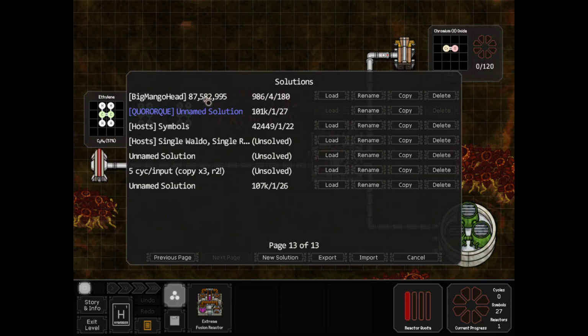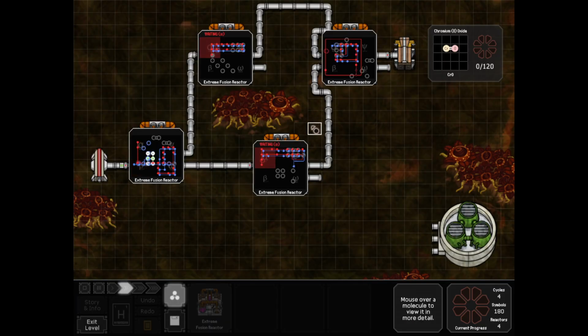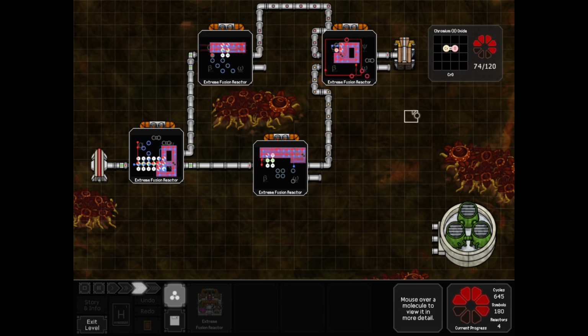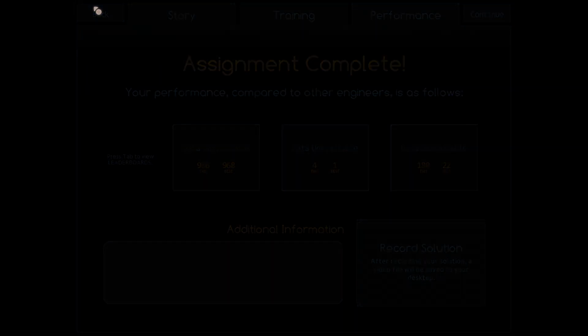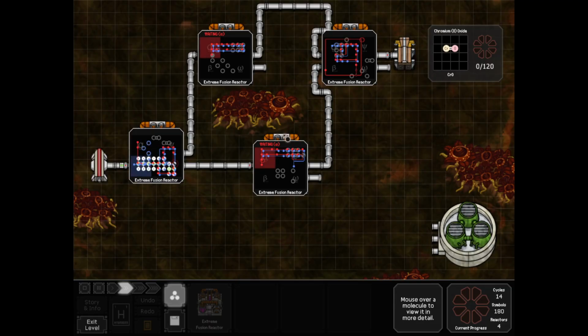And Big Mango Head gets, this was basically a legitimate solution that just happens to crash at some point.